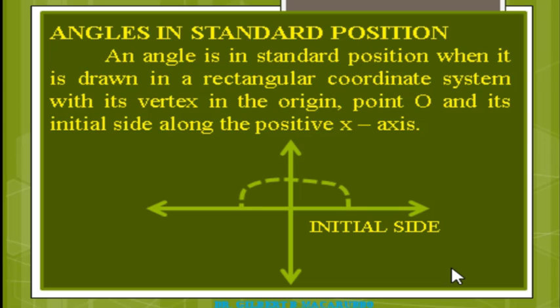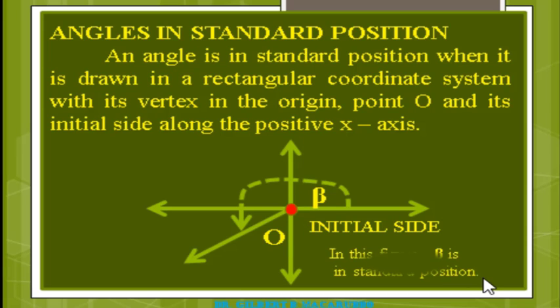We have the initial side and its terminal side, with the vertex at the origin. This is actually angle beta. The initial side is along the positive x-axis with the vertex at the origin. Therefore, we can say that angle beta is in standard position.